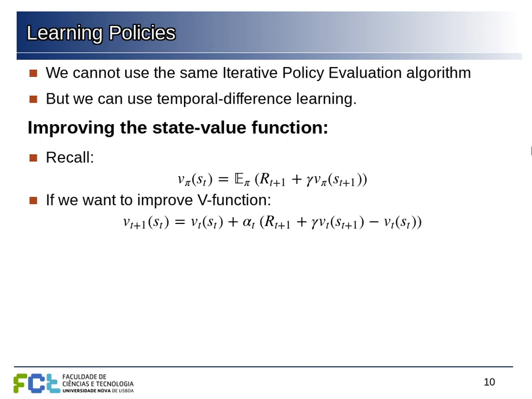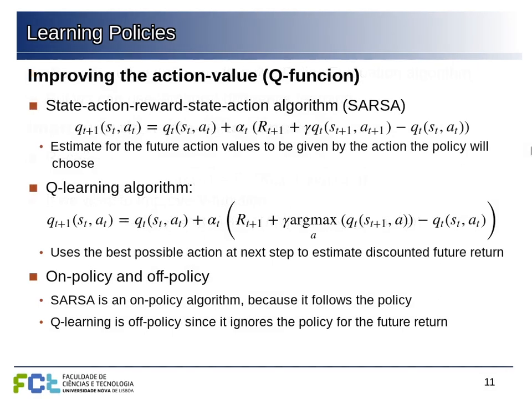So this would be an idea of how we can improve the V function, the state value function, the one that gives us an estimate of the discounted value starting from this state, and also how we can improve the Q function. It's basically the same idea. So we are making an estimate for the value of taking action A at time t when we are at state t.